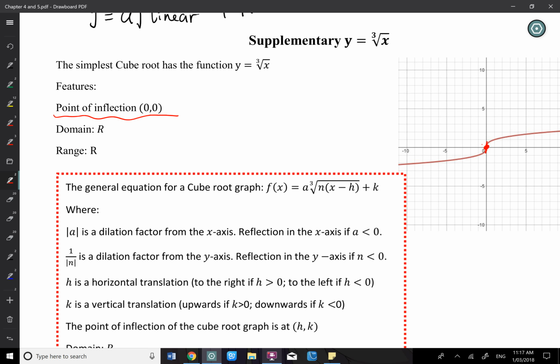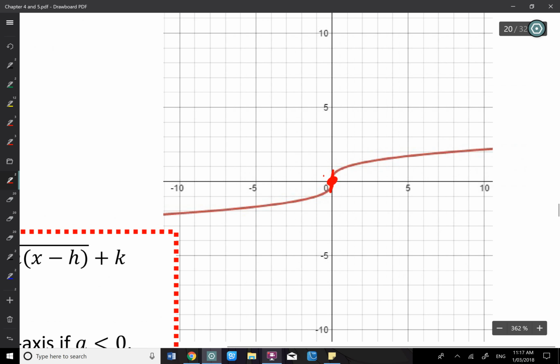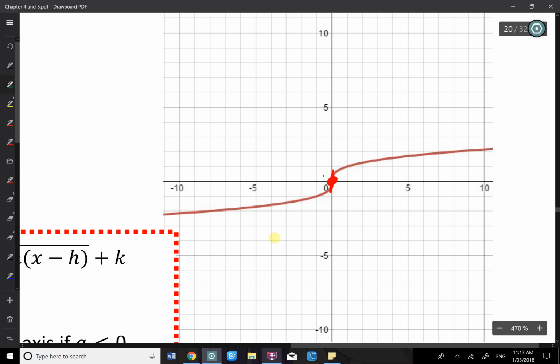Also, the domain is a little bit different from the square root. Let me show you the square root and make it larger.